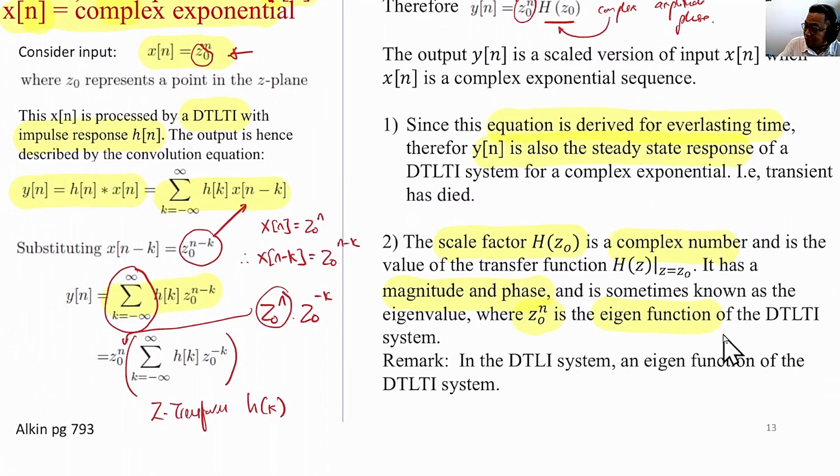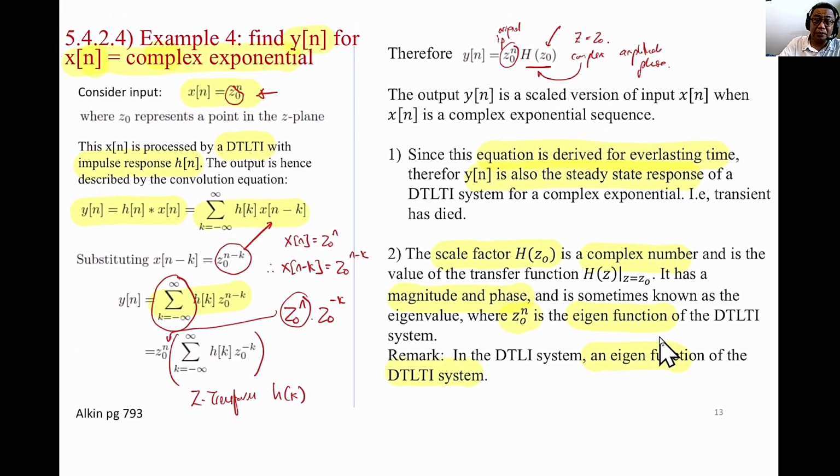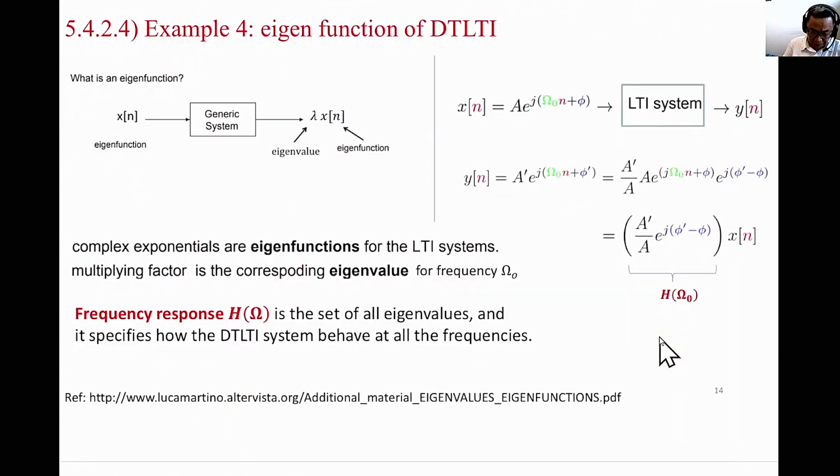So what we have realized now is that the complex exponential is an eigenfunction of a discrete time linear time invariant system. And it is also the same reason why cosines and sines are, because cosines and sines simply are a sum of two complex exponentials.